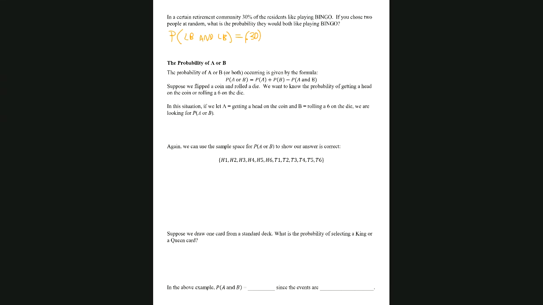The probability that the next person will like bingo is also 0.30. And when you multiply 0.30 by 0.30, you get 0.09. So that's the probability that both people will like bingo.